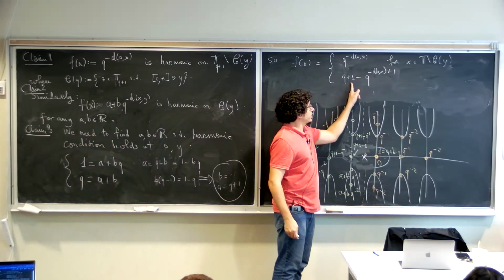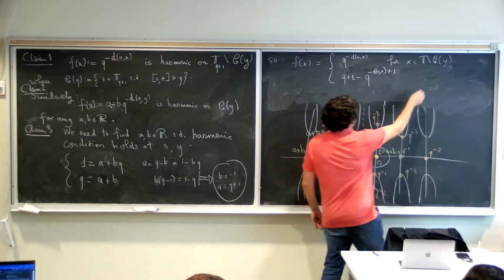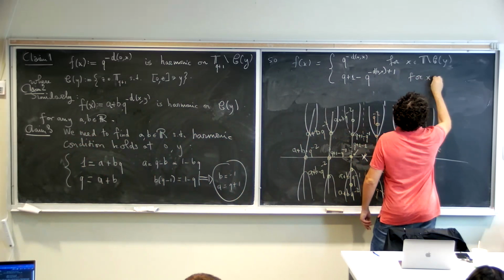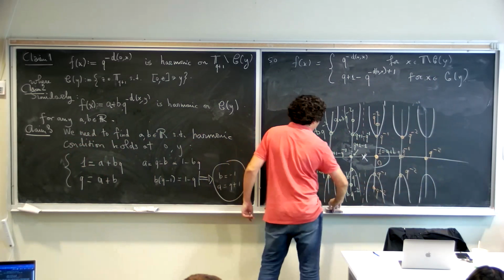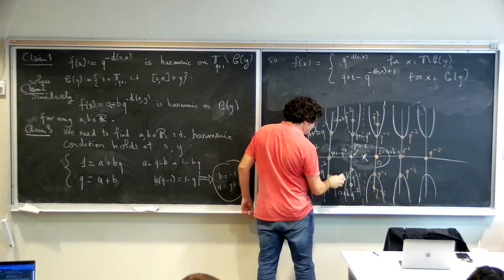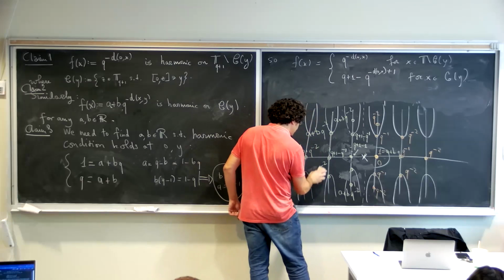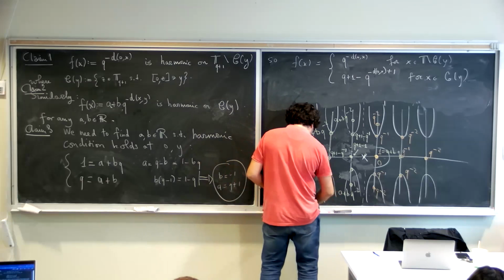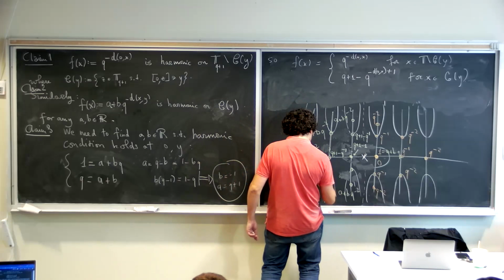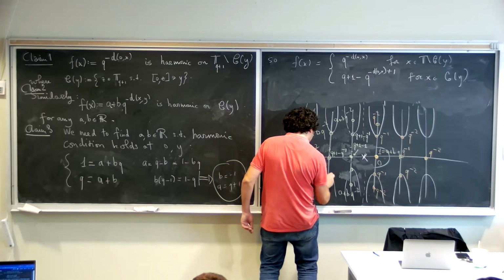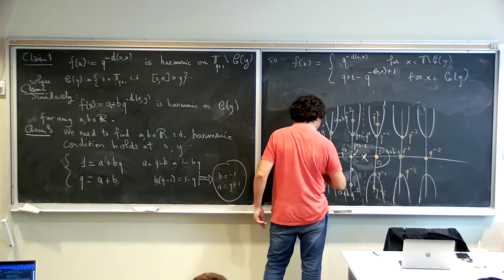So q plus 1 minus 1 is q. This is for X. And again, it's always like that. So this is q plus 1 minus q to the minus 2 here, and so forth.